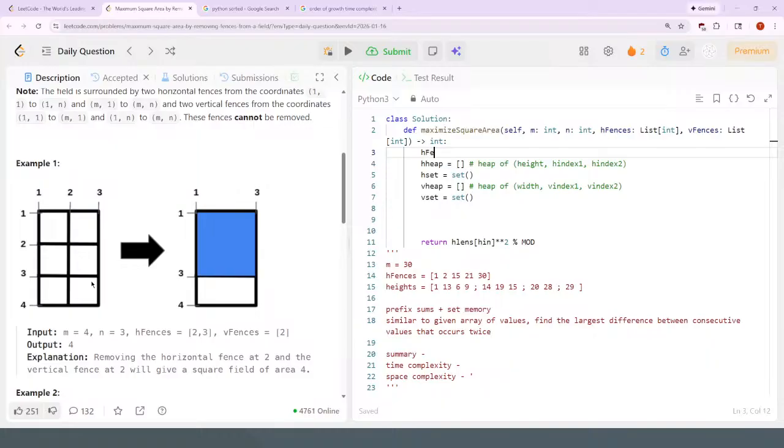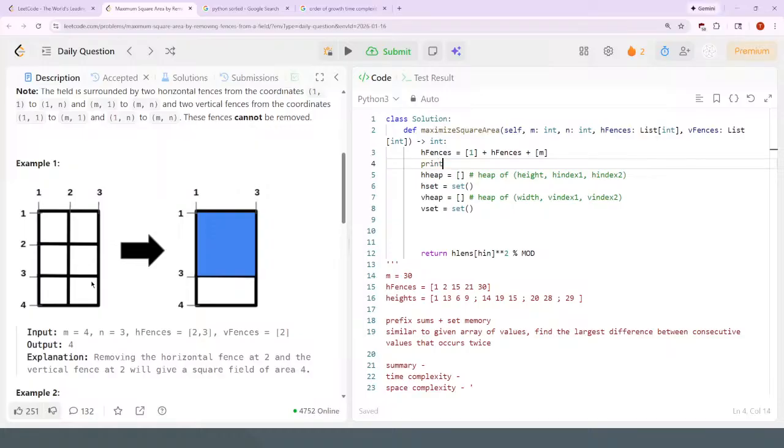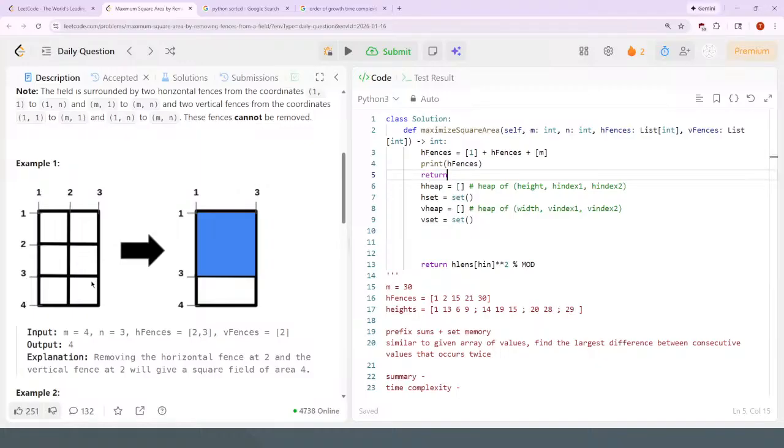I guess it should be just H fences equals 1 plus H fences plus M, something like that. I think that might be kind of costly, to be honest.